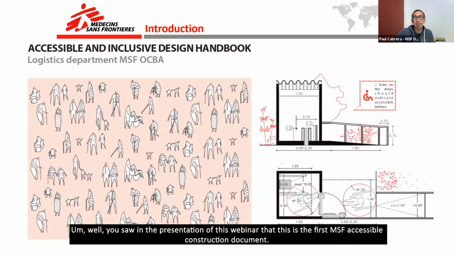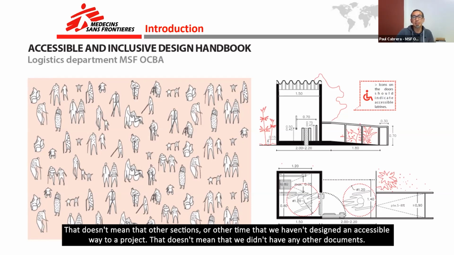You saw in the presentation of this webinar that this is the first MSF accessible and inclusive document. That doesn't mean that, at the time we have to design an accessible or inclusive project, we didn't have any other documents.